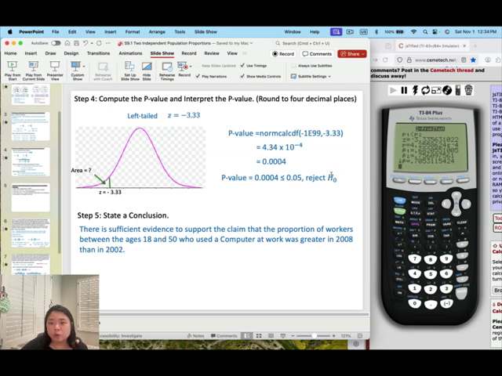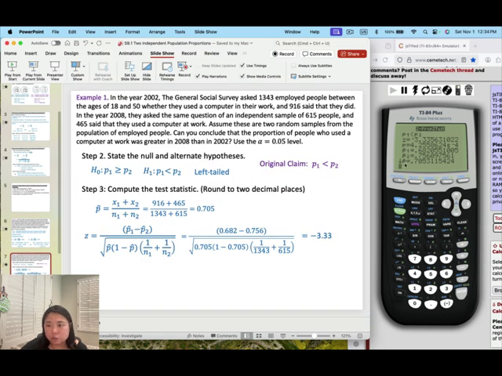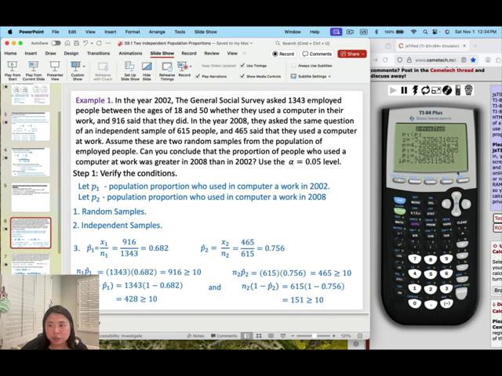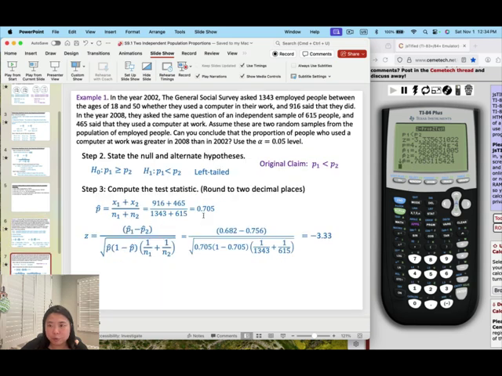But that's okay, they are really close to each other. They also give the sample proportions, 0.682 and 0.756, and then the pooled sample proportion will be 0.705. Okay, this is good.